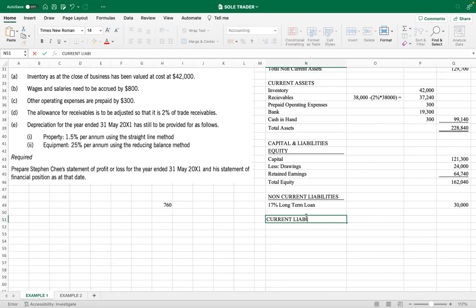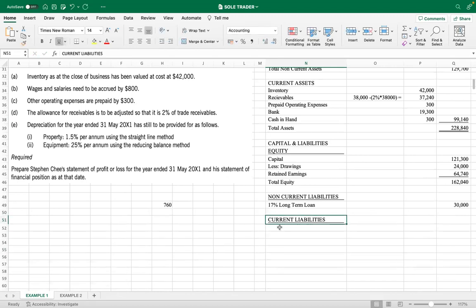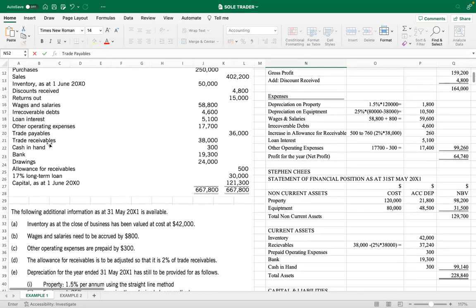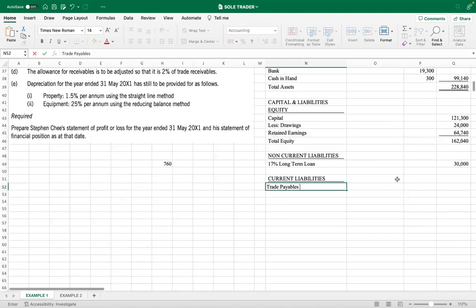In our current liabilities, we start with trade payables. Our trade payables are 36,000.